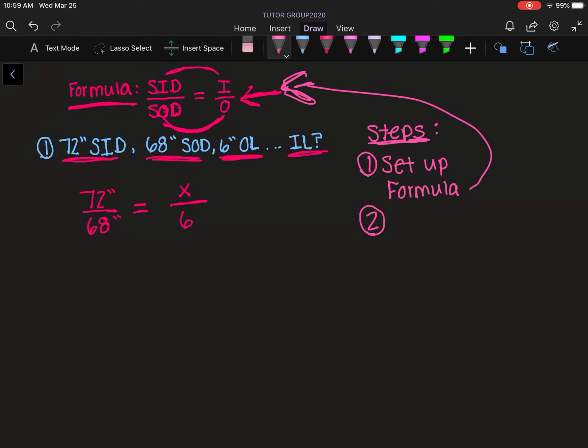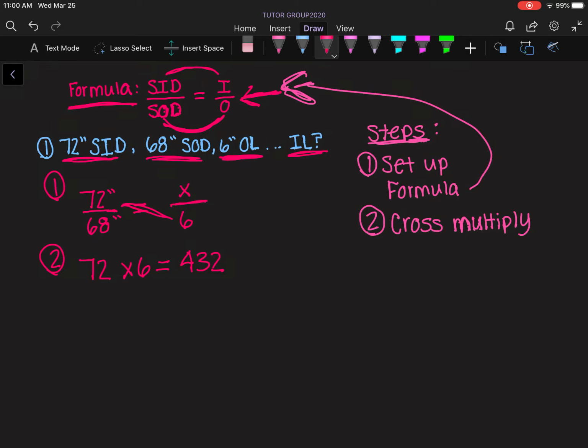Step 2, after you set up your formula and you get everything placed in the right sections, is to do cross multiplication. So 72 times 6 equals 432.